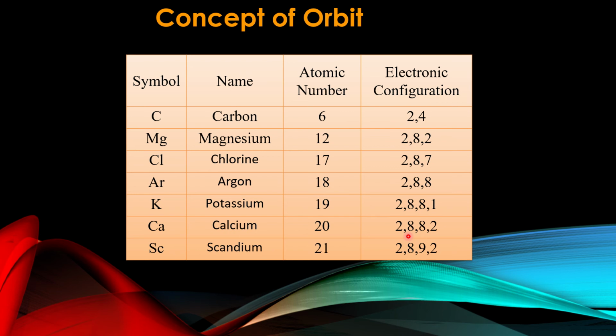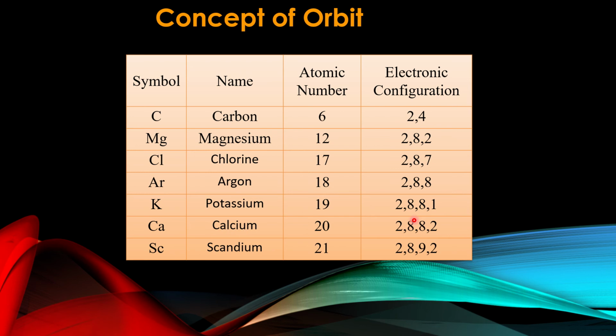It is the general rule. But you can know the rule when you get the idea about orbitals. So electrons are configured in different orbits according to their energy, but also by the energy of orbitals.